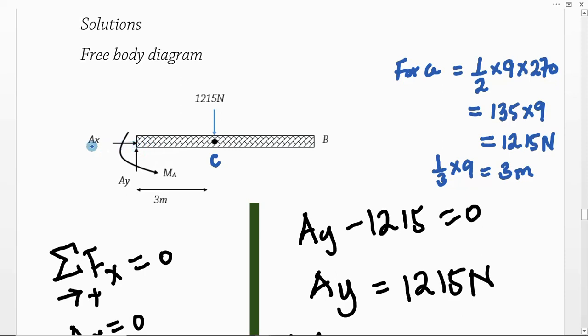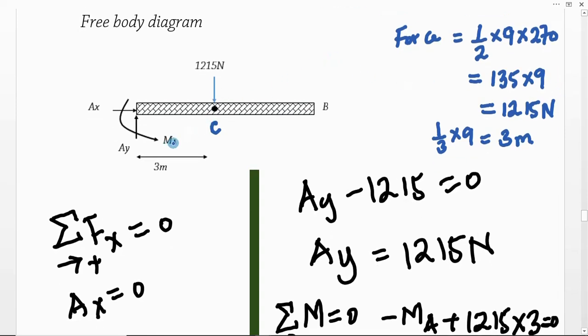A cantilever beam has a reaction in the horizontal direction, a reaction in the upward direction, but also what we call a reactionary moment, MA. So the external forces will include the reactionary moment at A, then AY, AX in the horizontal direction, and 1215 newtons acting at point C vertically downwards.